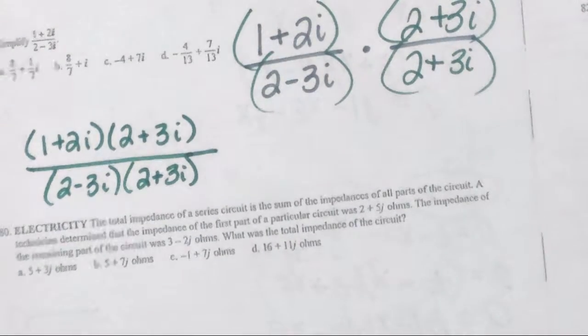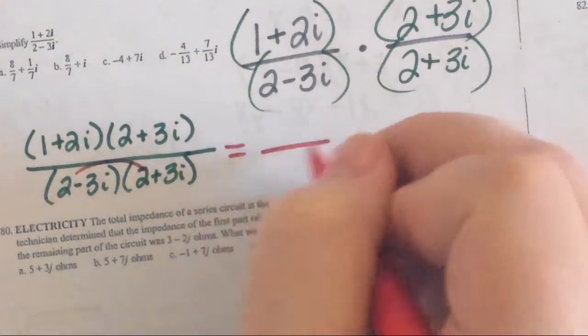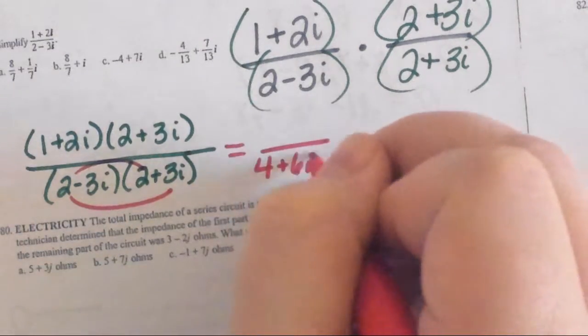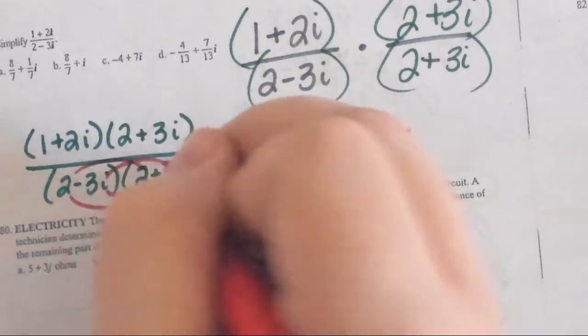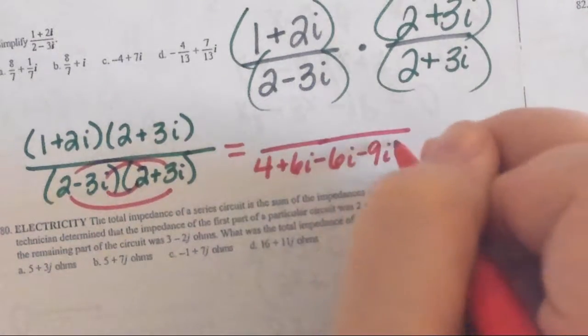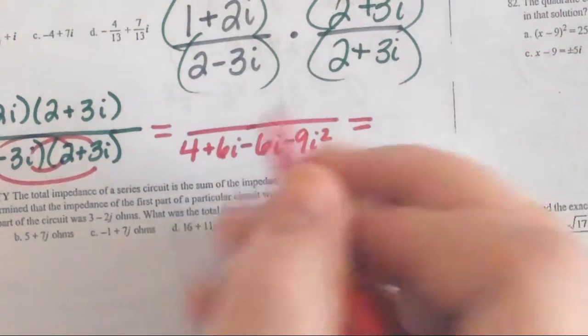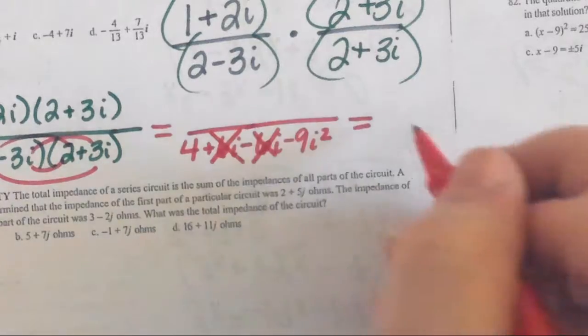Okay, so I'm going to go ahead and do the denominator first since it ends up being so pretty. First is 4. Outer plus 6i. Inner minus 6i. Last minus 9i squared. Well, plus 6i minus 6i, they cancel out.